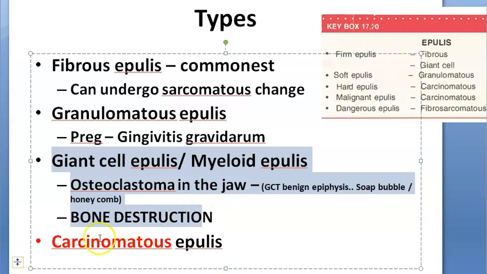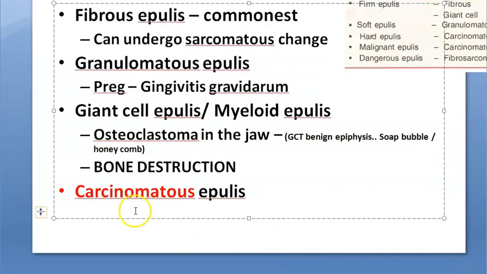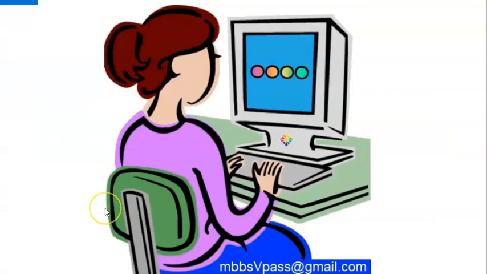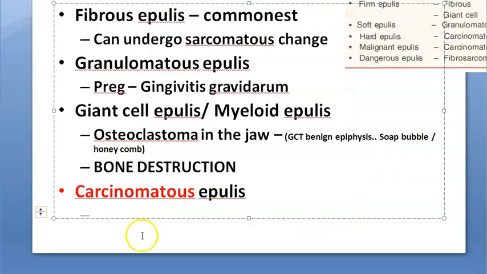Now let us go to the carcinomatous epulis. Carcinomatous epulis means what will you see? Some carcinomatous growth is growing on the gum. This is an epithelioma arising from the mucous membrane of the alveolar margin. It is upon the gum, but so many things can grow on the gum. They are talking about bone growth, they are talking about mucous membrane growth. So this epulis is a very weird thing.